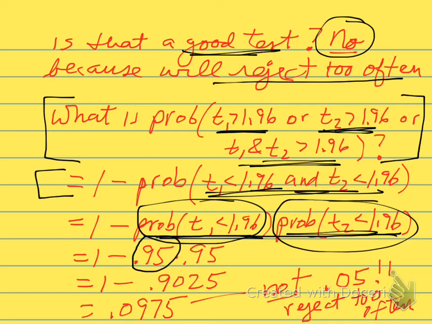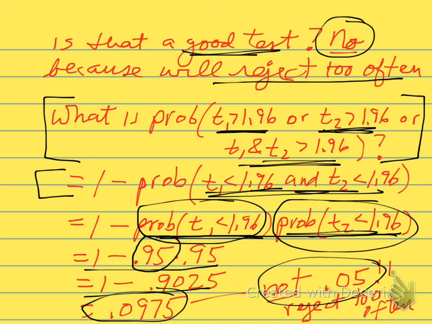So we have 1 minus 0.95 times 0.95, which is 1 minus 0.9025, which is 0.0975, which is bigger than 0.05. So we'll be rejecting almost 10% of the time.